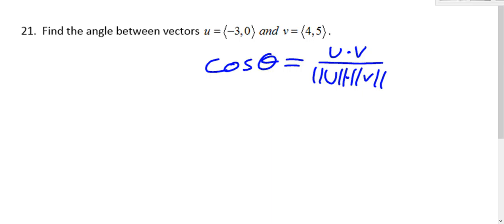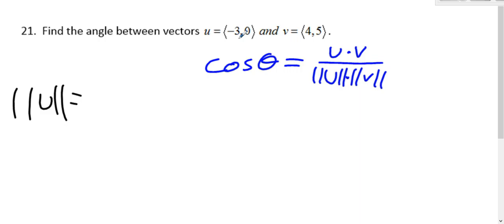So to find the angle between vectors, we'll use this formula. Cosine of the angle equals U dot V divided by the lengths multiplied together. So the dot product is pretty easy to figure out. So that will go up top. The harder part is finding the magnitude of each.